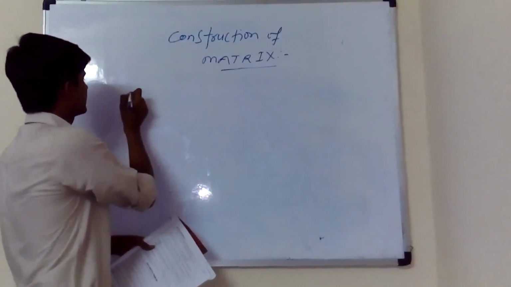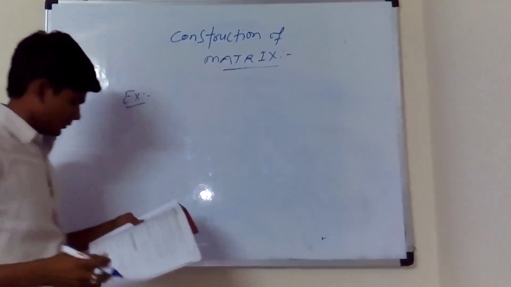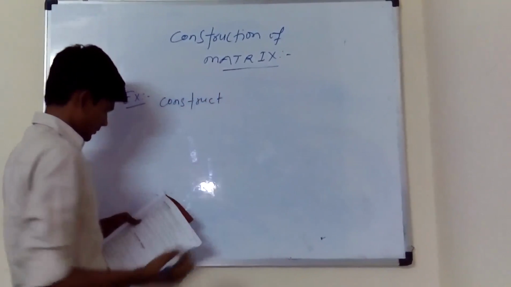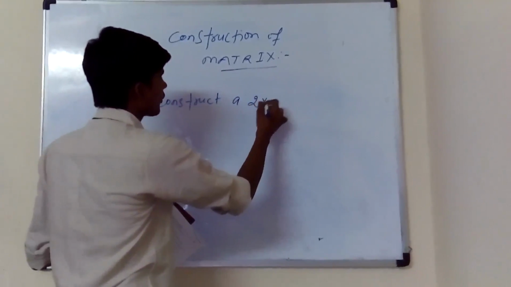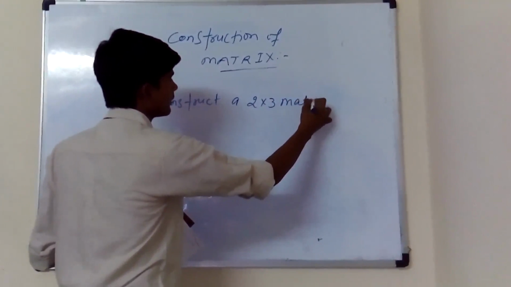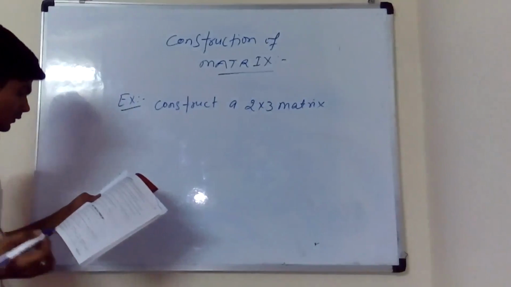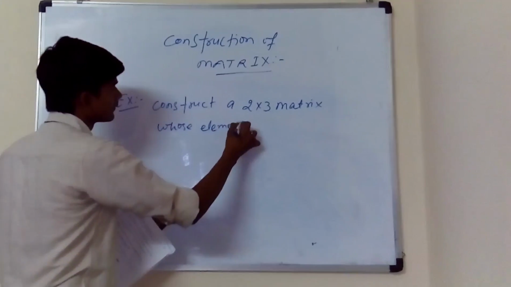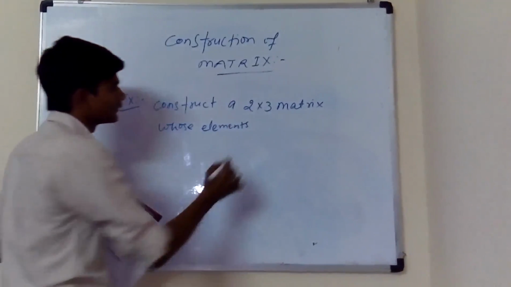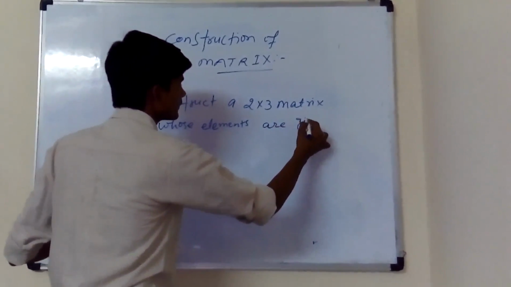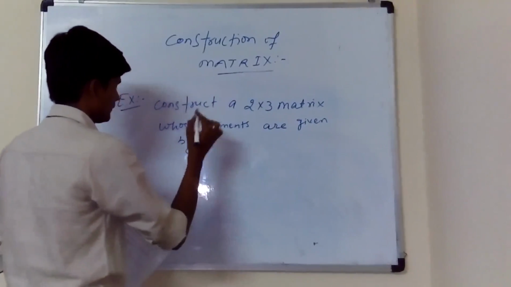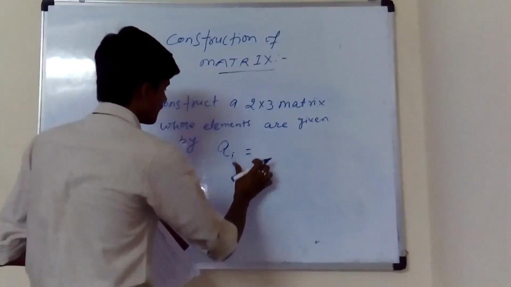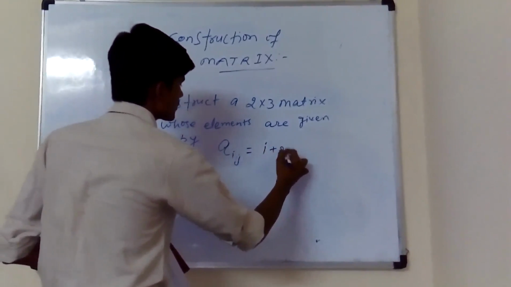Just take an example. Construct a 2 cross 3 matrix whose elements are given by A of ij is equal to i plus 2j.